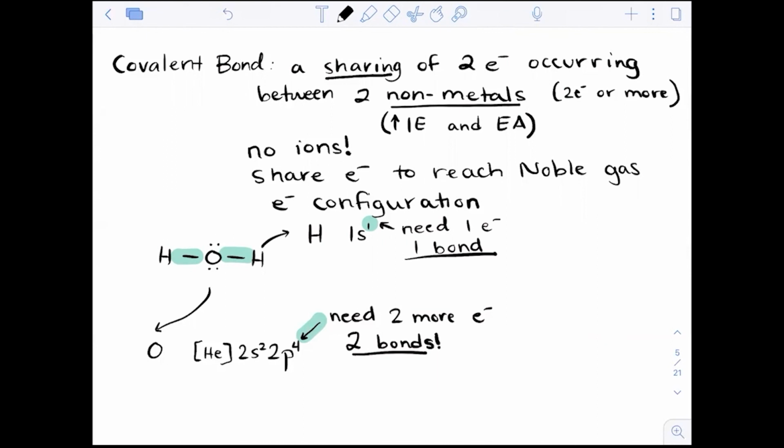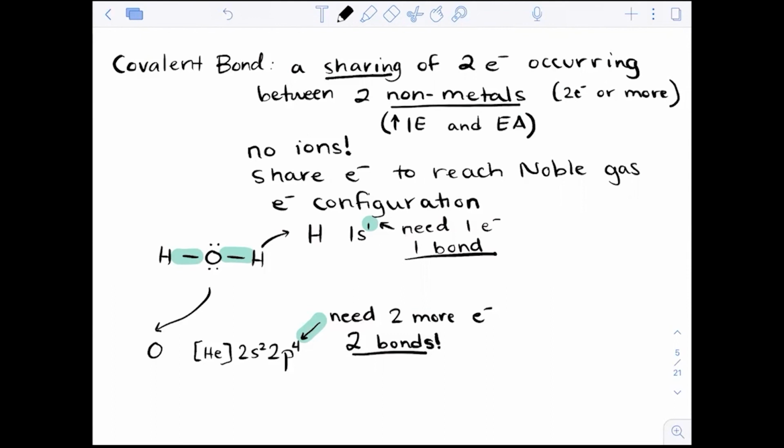The reason for that is because the principal quantum number n equals 1 only has an s orbital, and therefore it can only hold 2 electrons total. So very important to note that once we get into the second row and the third row and beyond, we can start seeing these typical things and atypical things. But hydrogen is very predictable, and hydrogen won't make more than one bond.